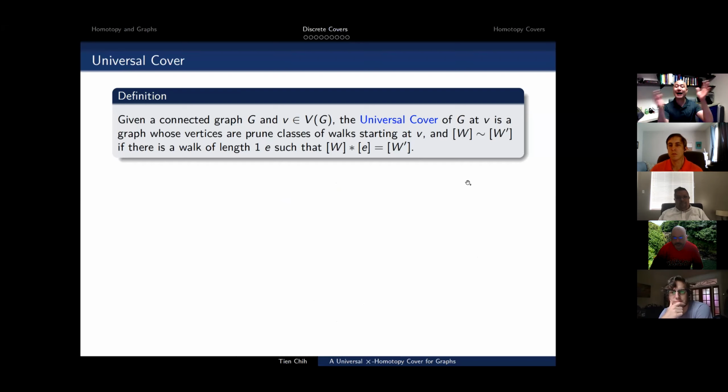So if we think back to the discrete groupoid, it's going to be all of the walks starting at v up to pruning. So you can't go out and come back, right? Those things cancel. And then two walks are adjacent if there's one step from one walk to the other. So if one walk is an extension or a step back of the other, then they are adjacent.